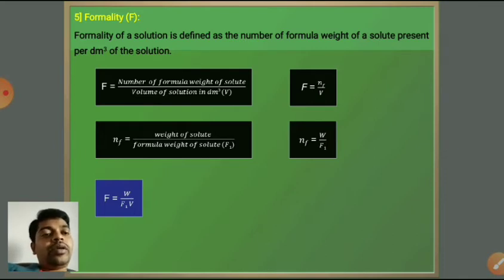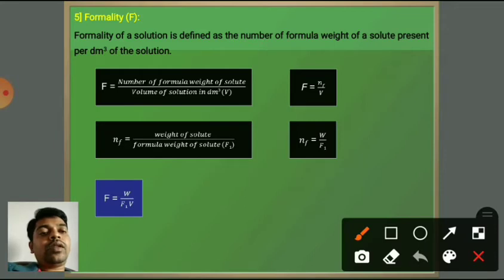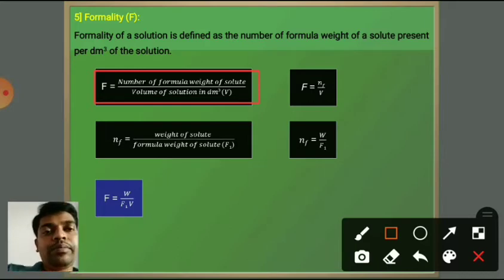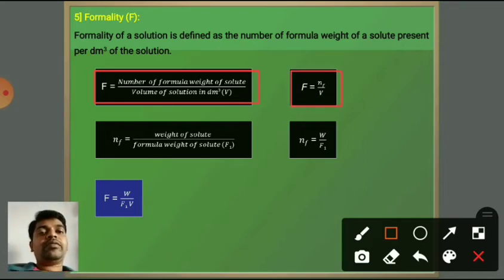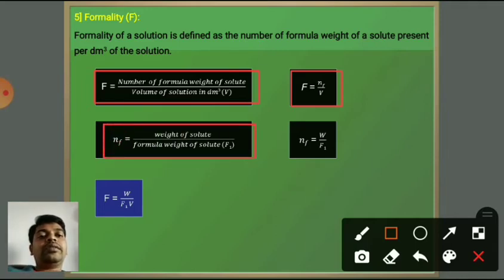Again the formula is given: capital F equal to number of formula weight of solute divided by the volume of solution in dm cube, or per liter, and F equal to Nf upon V, where Nf is the number of formula weight, which is also calculated as the weight of solute divided by the formula weight of the solute, F1.